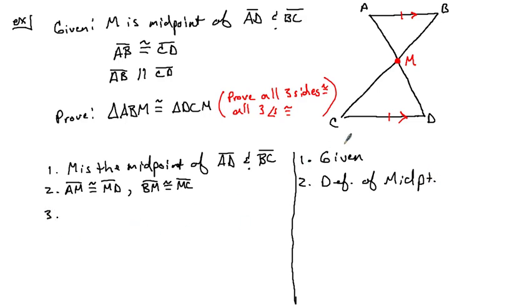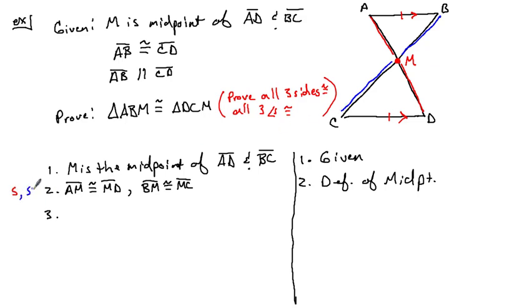Okay, then we'll move on to our next line. Remember, we're trying to say that all three sides are the same. So right here, when we said that AM is congruent to MD, well, we've done one side of our triangle now. And then we did BM and we did MC. So that's another side.